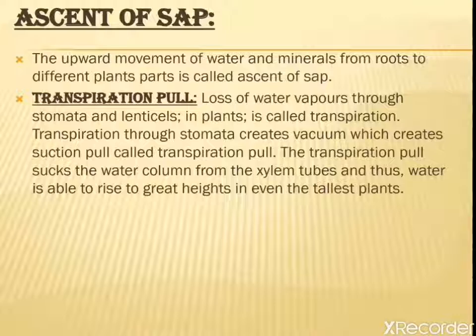This suction pull is called as transpiration pull. The transpiration pull sucks the water column from the xylem tubes and thus water is able to rise to great heights even in the tallest plants.